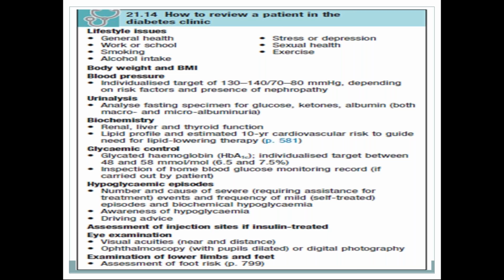So you should educate the patient regarding the risks of obesity and the insulin resistance that will develop in these patients.